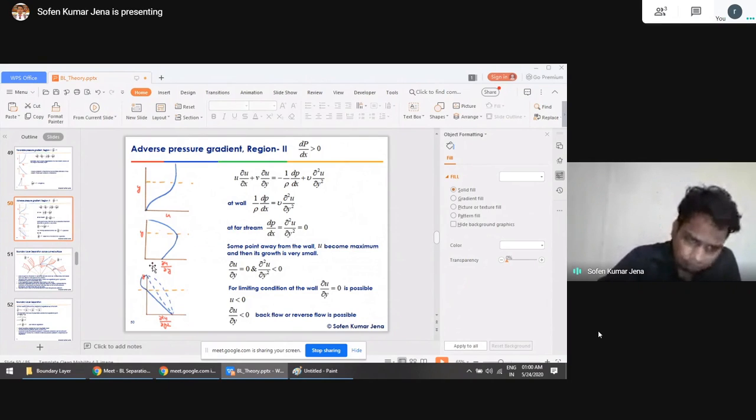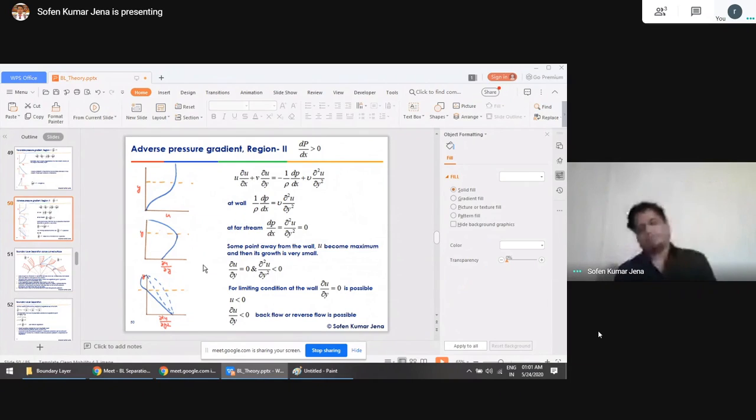The separation depends upon the strength of the pressure gradient. If the pressure gradient strength is very, very high, they don't go directly from here to here. They pass towards the negative direction, and then again come back, because along with the shear force, the pressure gradient also tries to pull the fluid back, while the inertia or the free stream tries to make it move forward. So that's why there is a reverse flow.